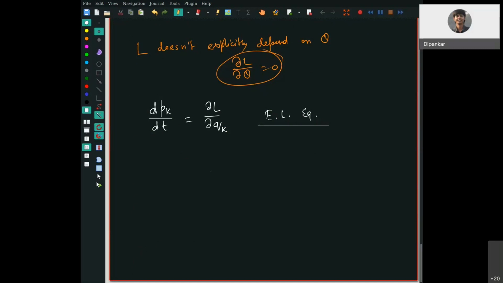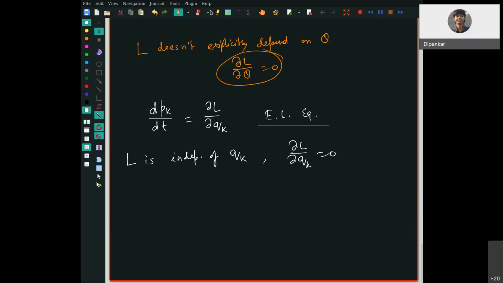Okay. Now in general, if I say that L is independent of qk, that is what I mean is del L del qk equals 0. If this happens, then usually this qk is called a cyclic coordinate. And then what you have is dpk dt equals 0, that is pk equals constant.